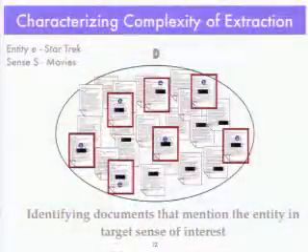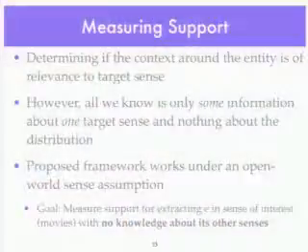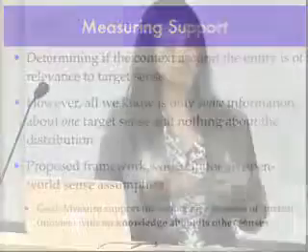But at the core of this measure is knowing how many documents mention our entity of interest in the sense that we are interested in. So that is what we really need to capture. And measuring that boils down to measuring what documents mention the entity in the target sense. Now, how do you go about doing that if all you know is only some information about your sense, given the impracticality associated with enumerating sense definitions for cultural entities?